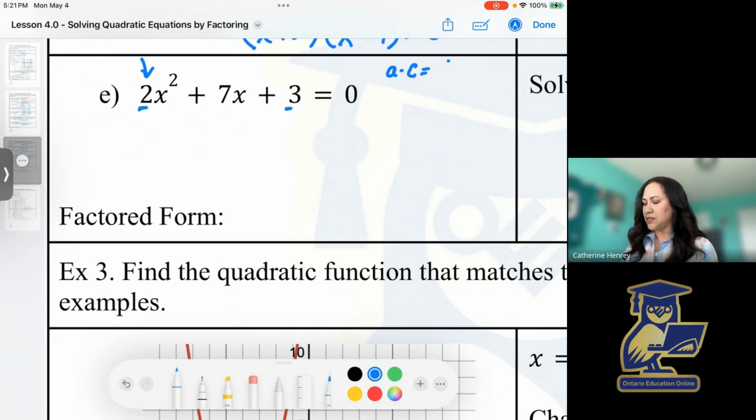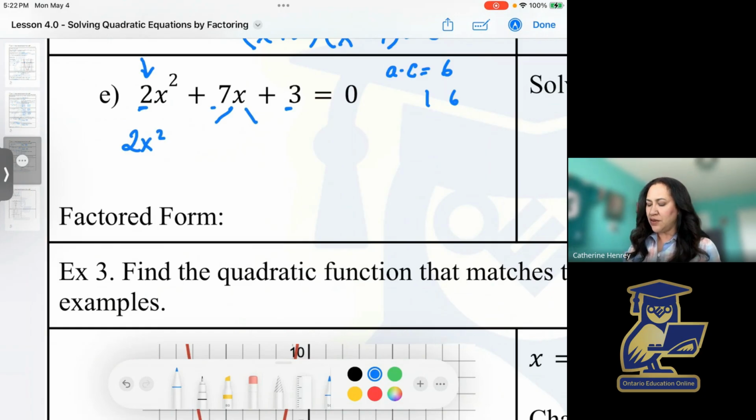And here we'll get 6. So now we have to think of the factors of 6 that add to give me 7. So we have 1 and 6. Now remember, with the complex trinomial, we split this middle term, and then we do some grouping. So we'll have 2x squared.